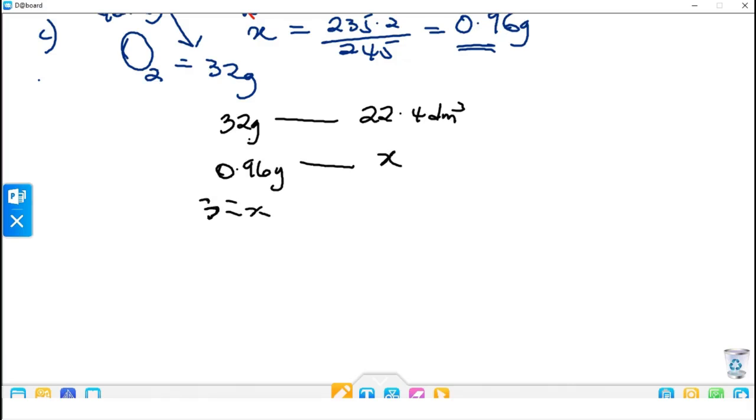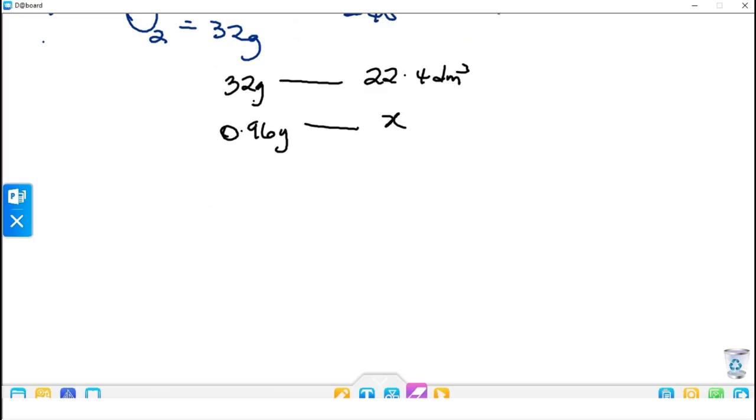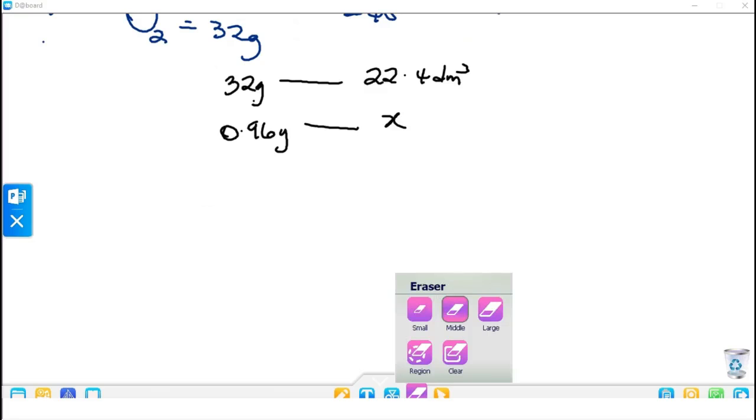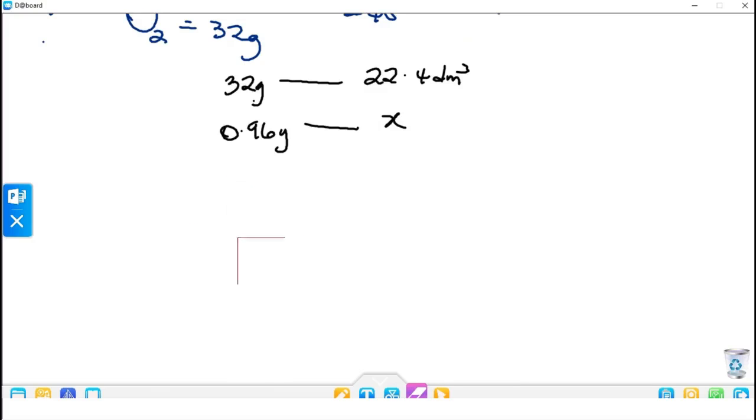32X. It is not clear, our pen is skipping, so let us clean that very well.